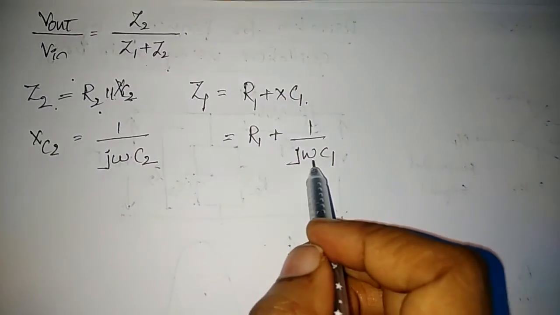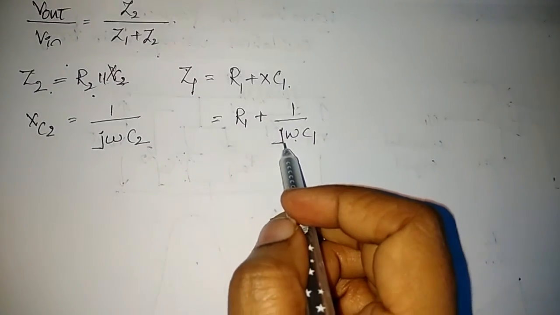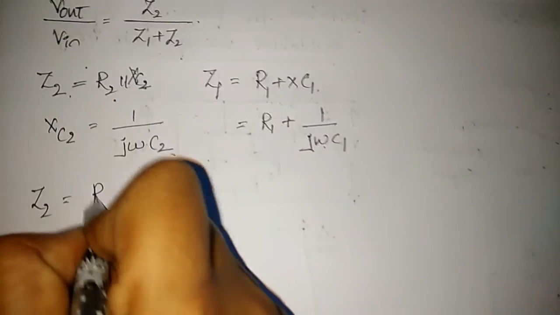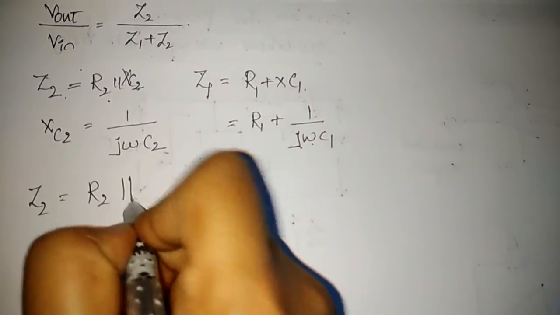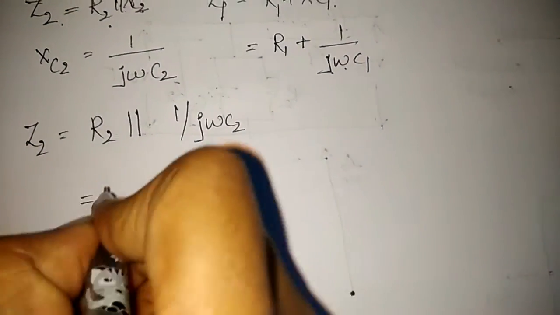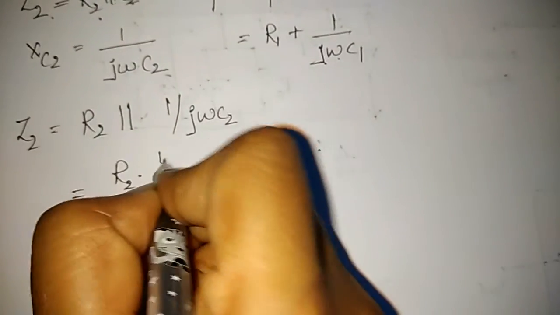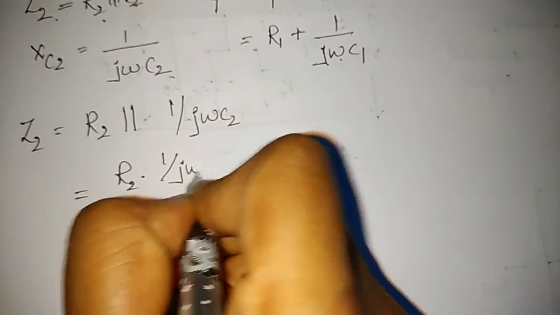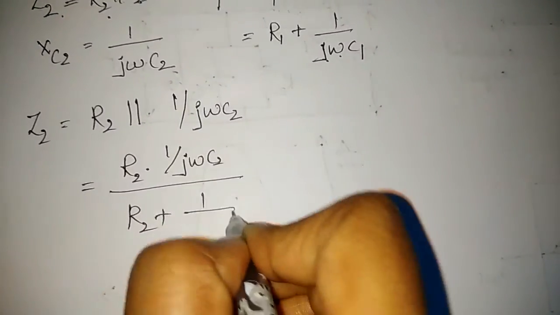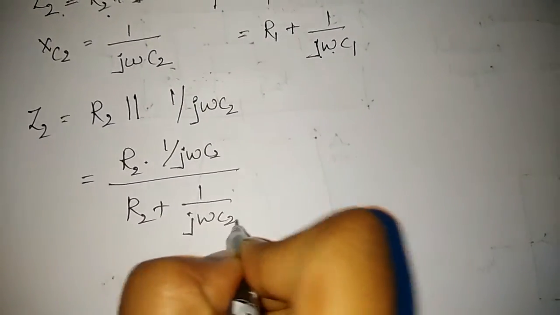Here omega represents the angular frequency. So Z2 is equal to R2 in parallel with 1 by j omega C2. So your Z2 will become R2 into 1 by j omega C2 divided by R2 plus 1 by j omega C2.